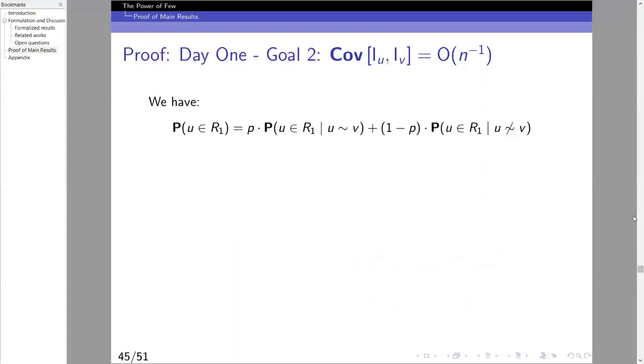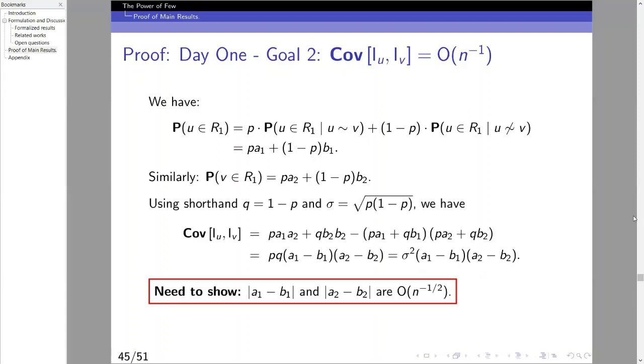The same trick will work on the latter 2 terms. So the first one is A1, B1, A2, and B2. And we can rewrite the covariance as A1 minus B1 times A2 minus B2 times a constant term. So we want to bound these 2 terms by square root of n inverse.